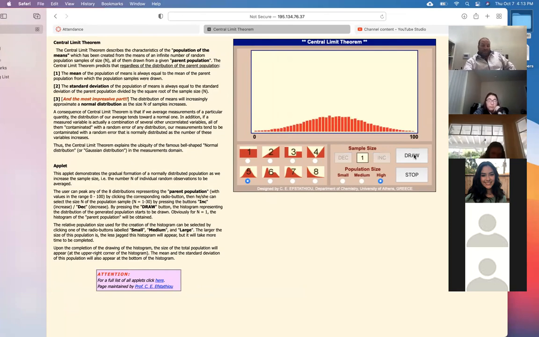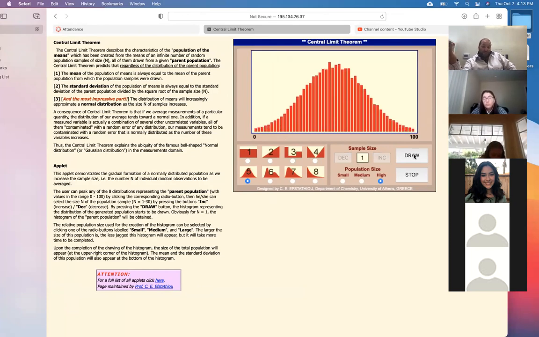So if I take one at a time, I get a curve that looks like this. Does that match what it should be based upon the shape of number 5? It's pretty close, right? Remember, this is actual data, which means sometimes you might get more or less than you expect, but for the most part, it's the actual shape.